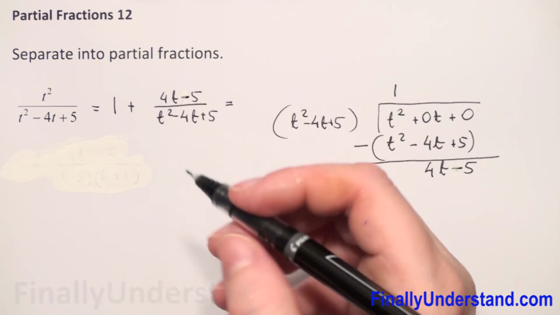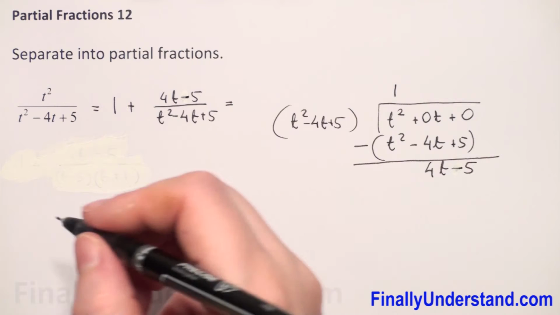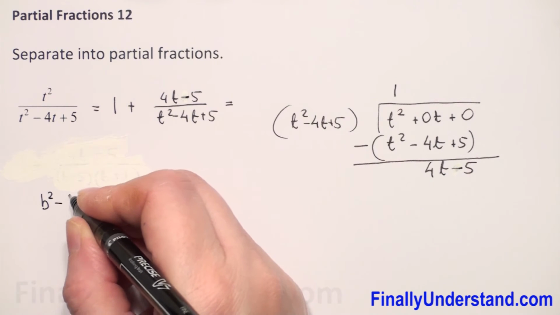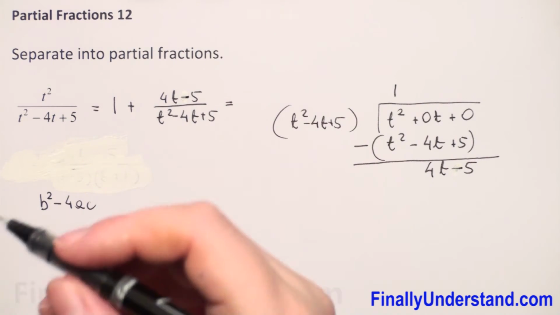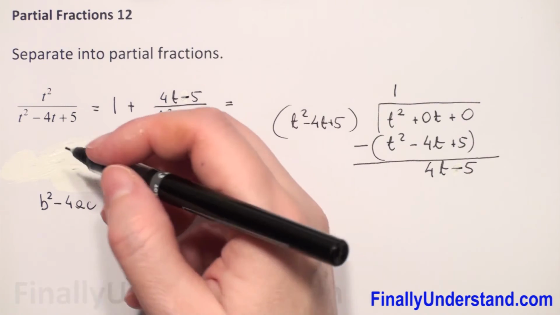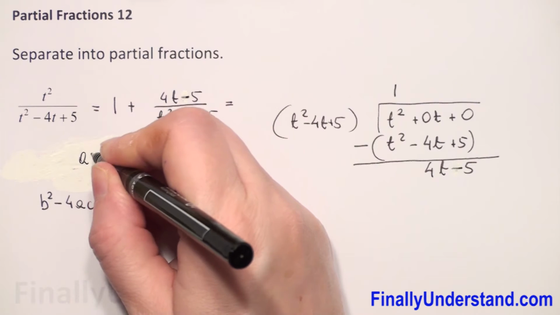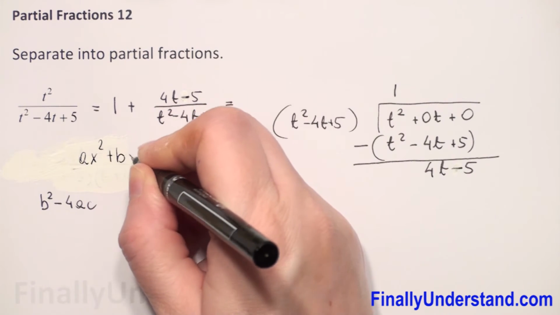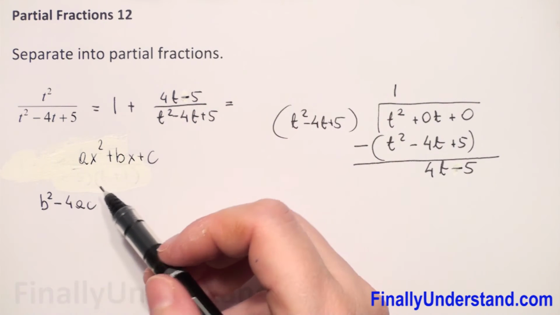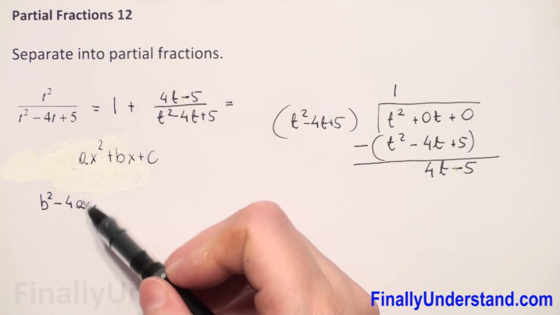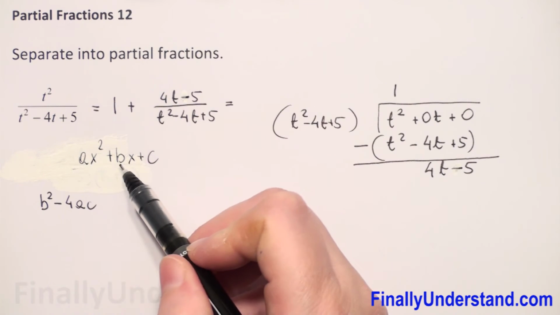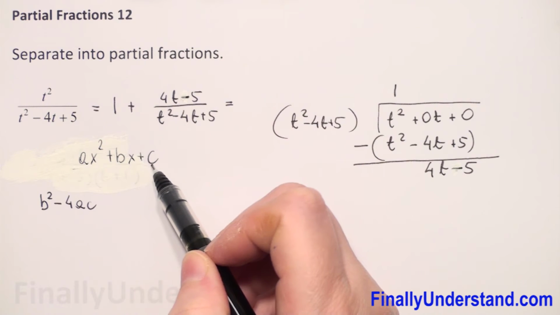What is the discriminant? This is b squared minus 4ac. And what are a, b, c? When we have the general form ax squared plus bx plus c, we see that a is the coefficient before x squared, b is the coefficient before x, and c is the constant.